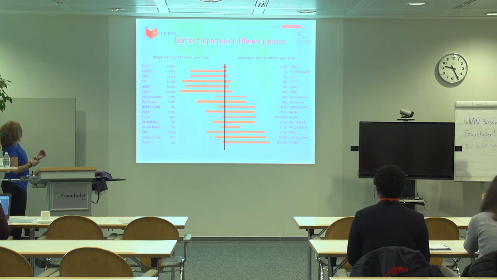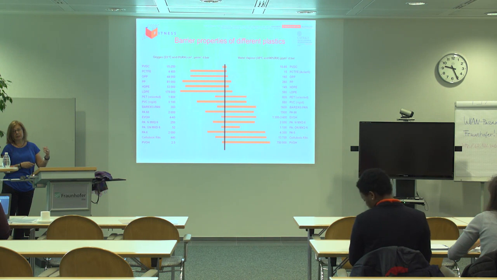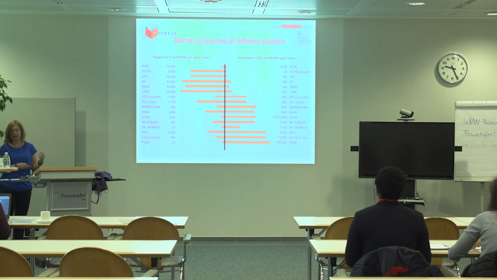And regarding the oxygen, we report in cubic centimeter of oxygen, micron, that's the thickness of the material, per square meter, that's the surface area of the packaging, per day, and per bar. And this bar is the differential pressure of oxygen between one surface and the other surface of the material.